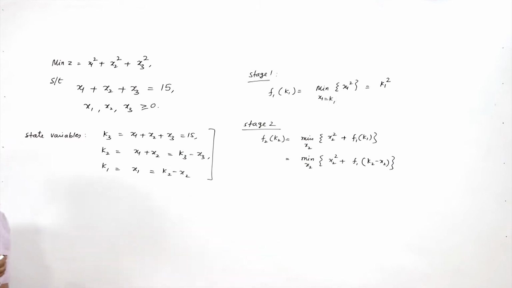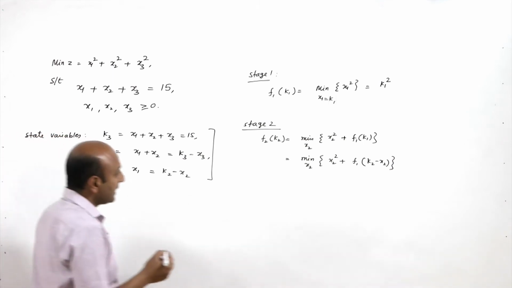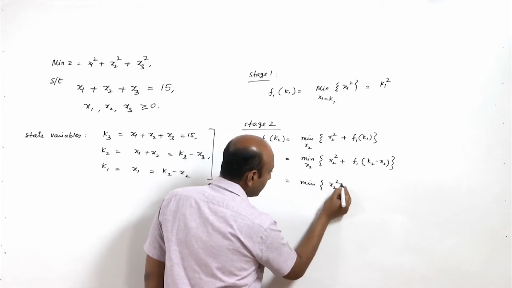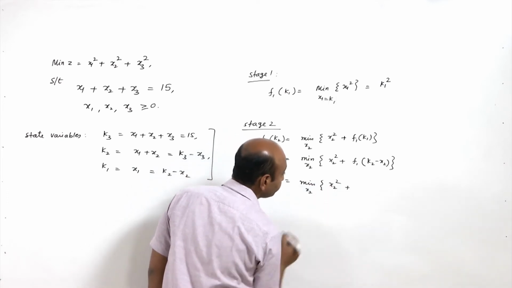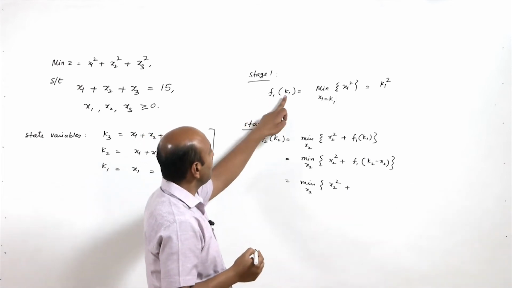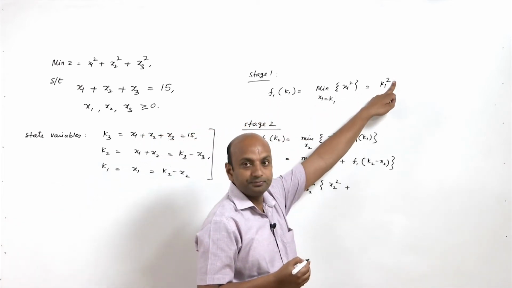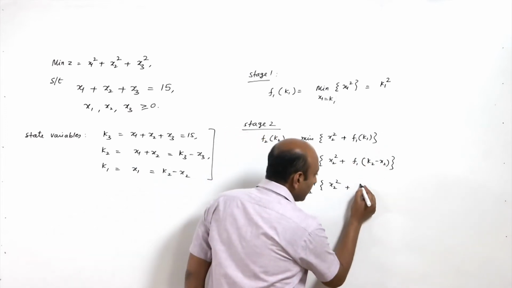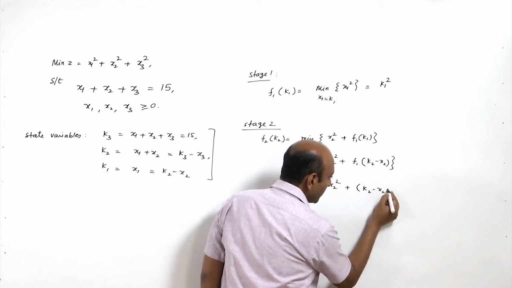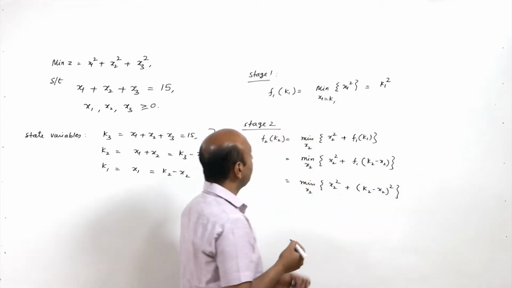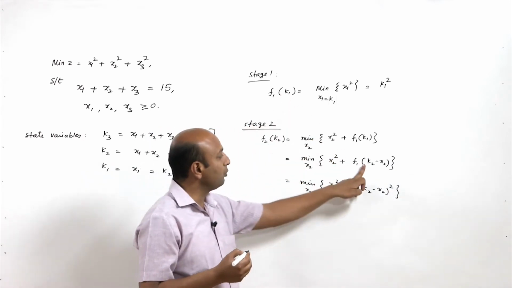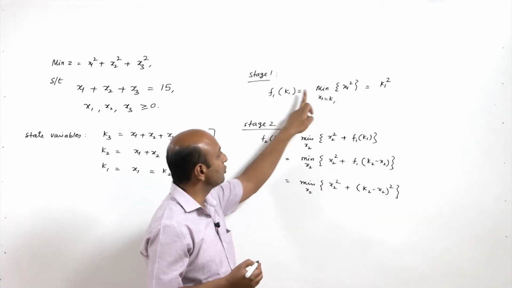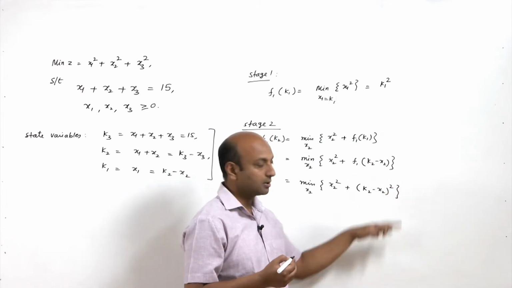Now f1 k1 is simply k1 square, so f1 of k2 minus x2 will be k2 minus x2 whole square. You simply replace k1 by k2 minus x2, so it will be k2 minus x2 whole square.